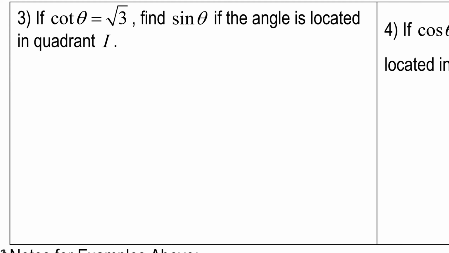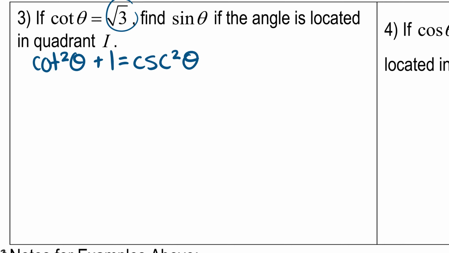Okay, so let's start. I'm just going to start by writing the identity that we have. I want cosecant, so we want cotangent squared theta plus 1 equals cosecant squared theta. Now I'm going to replace cotangent with square root of 3, right? And it's squared. Notice we have the little square there. That means I am squaring the answer.